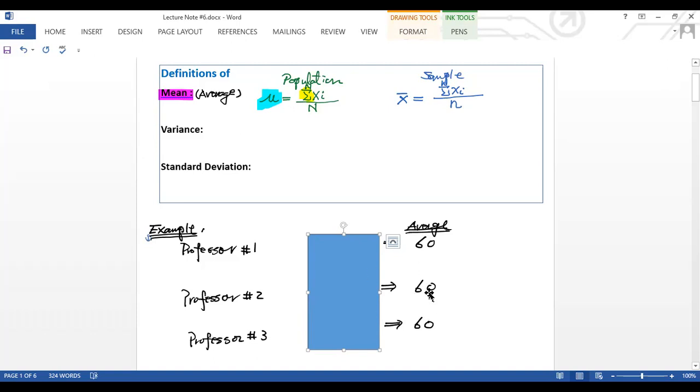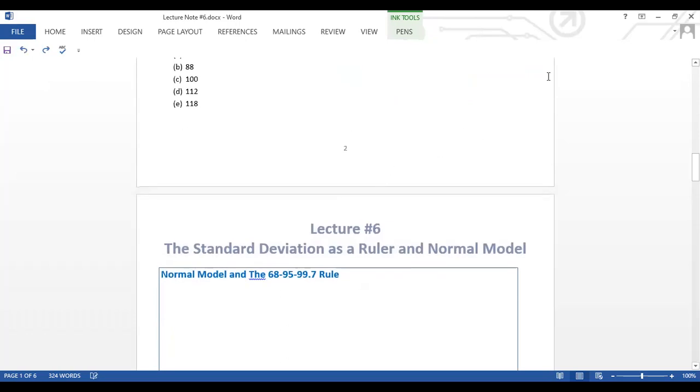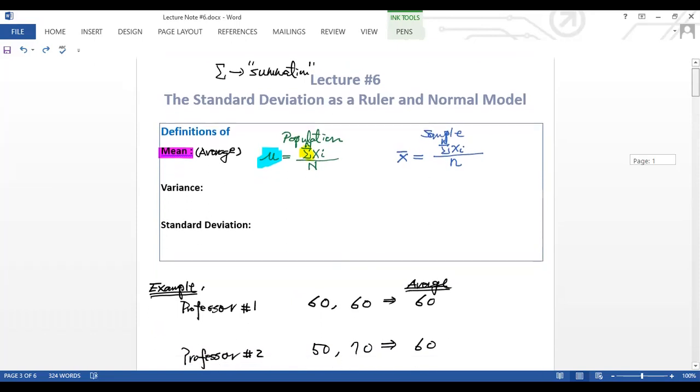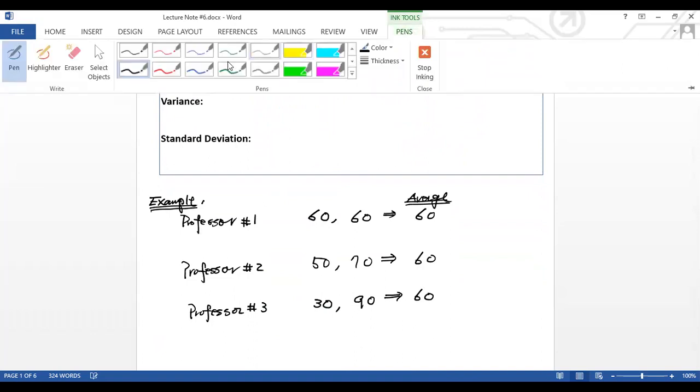But if you look at the raw data, I do see the differences here, correct?